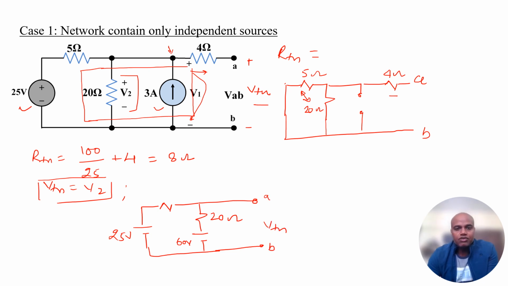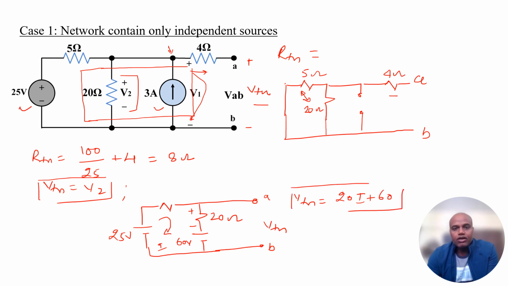So this becomes the VTH, and now, let's say the loop current is I. VTH is nothing but the voltage drop across the 20 ohm plus 60, so VTH is equal to 20I plus 60.